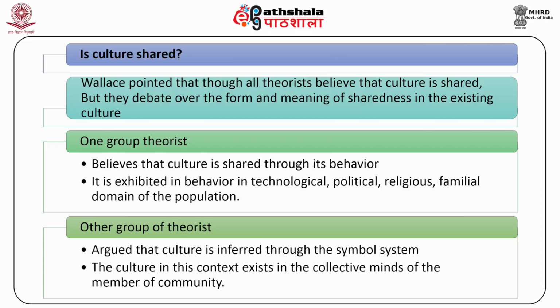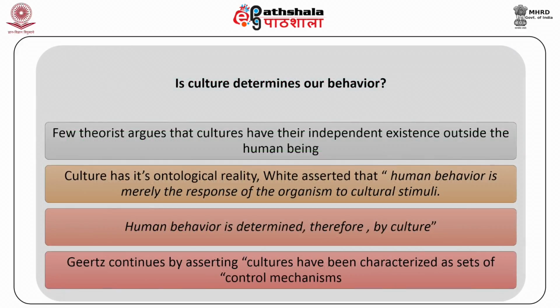However, another group of theorists argued that culture is inferred through the symbol system. Thus, culture in this context exists in the collective minds of the members of the community. The ideas, symbols, and meanings inferred from these signs and symbols are shared in the community through the process of enculturation and acculturation.